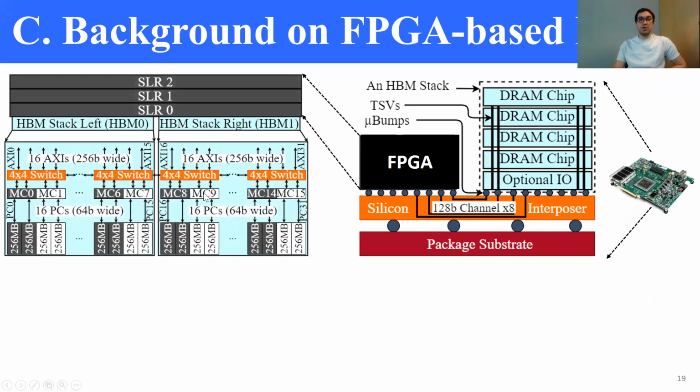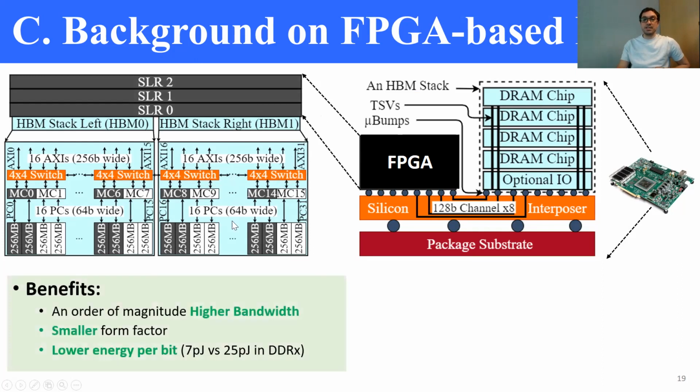We have different chunks of memory for each HBM stack that is available. We have 2 stacks, by the way, for this FPGA. There are 16 chunks of memory, each one 256 megabytes. Each of these memories is connected to the FPGA through pseudo channels, which means that in total we have 16 pseudo channels. There are also some switches in the middle, which provide some flexibility.